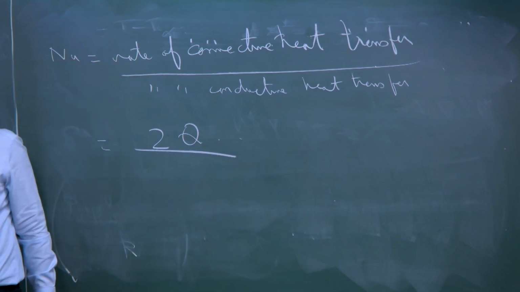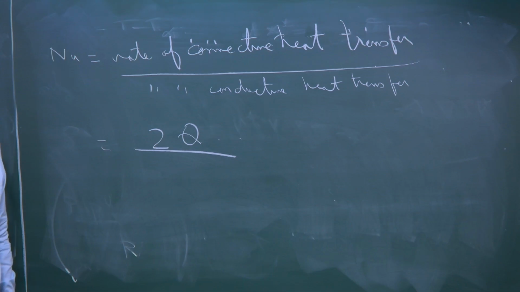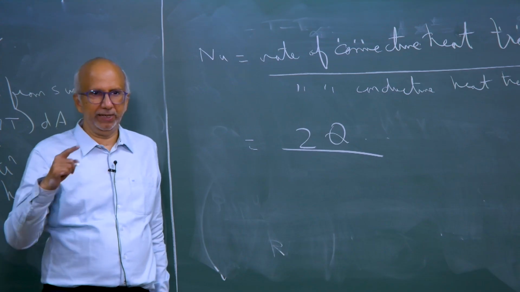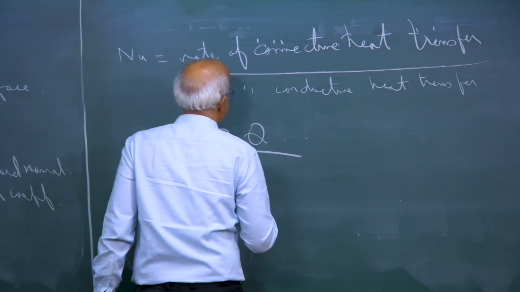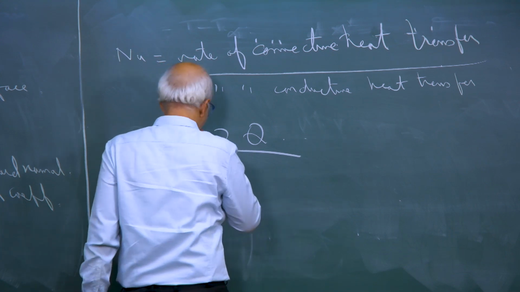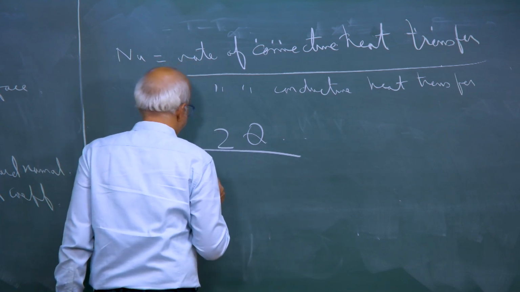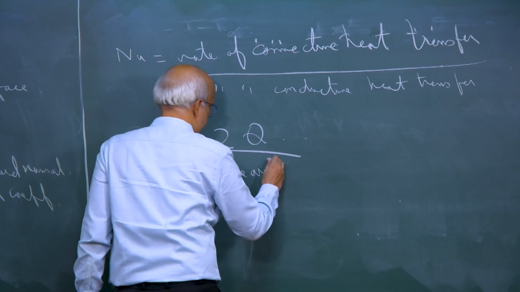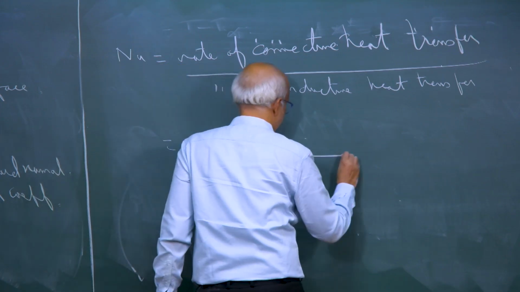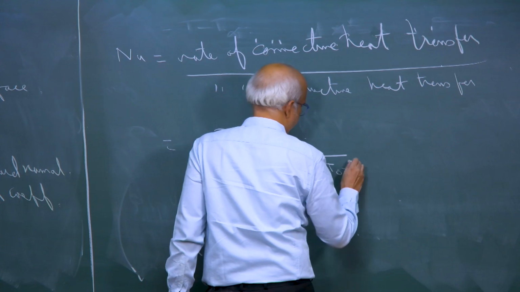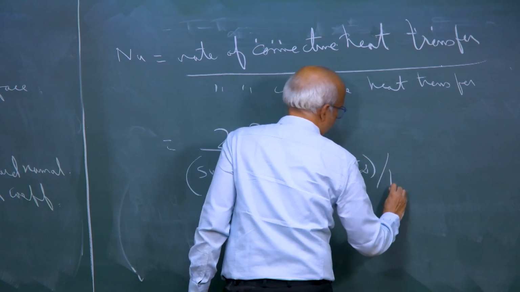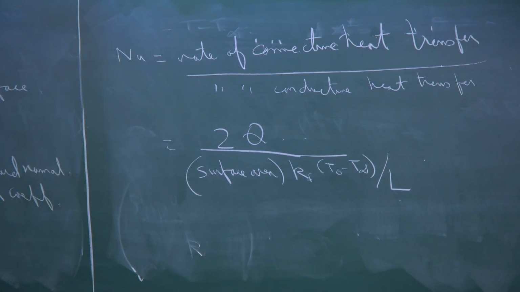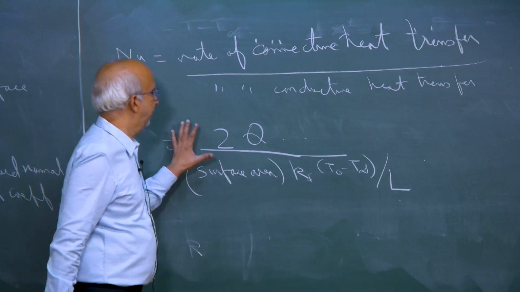What it means is, in the presence of the flow field, I have to calculate my temperature solution, theta, and then find the gradient, and then I have this 2Q divided by the surface area multiplied by K fluid times the temperature difference divided by L. This is the way the Nusselt number is defined.